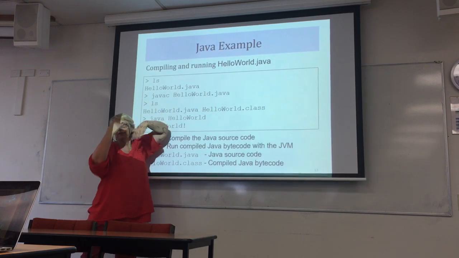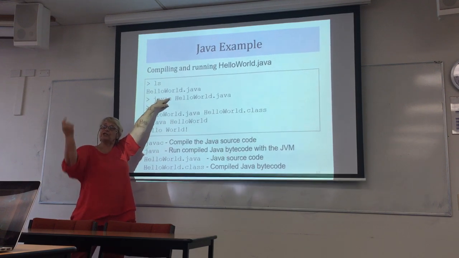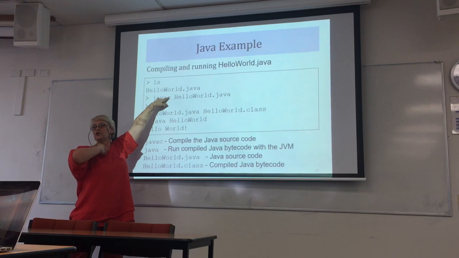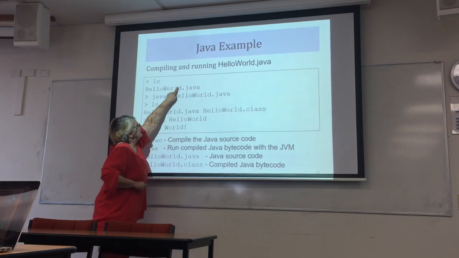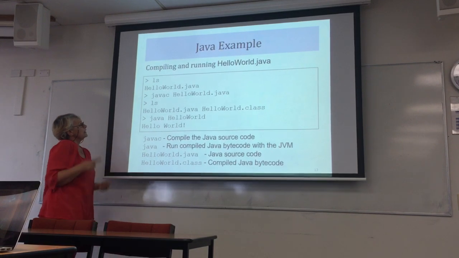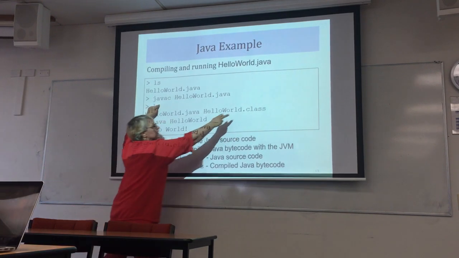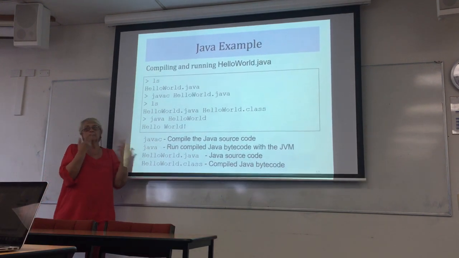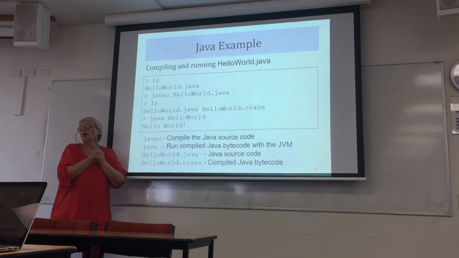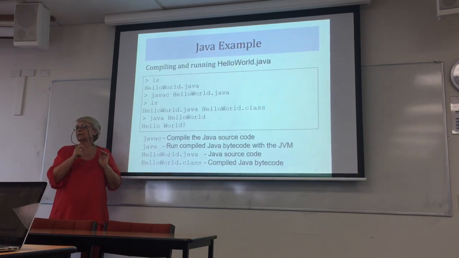Hopefully you have your file in that list, and then you invoke the Java compiler, which comes from the JDK, as I mentioned, on the Java file. Make sure that the class was created. If the class was not created, maybe the compiler was not found, or there are mistakes in your file, and you will have a lot of errors.